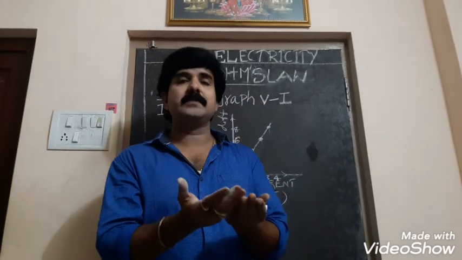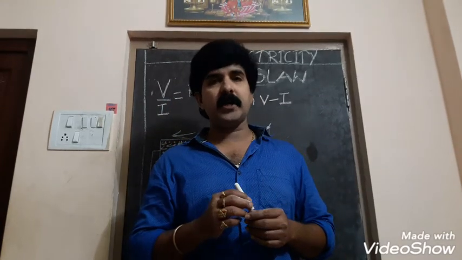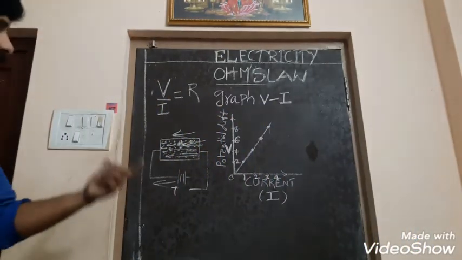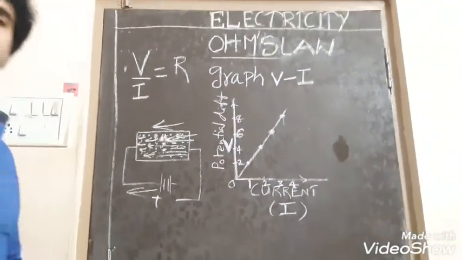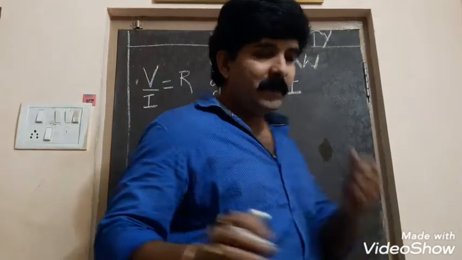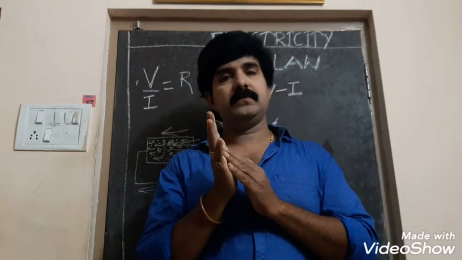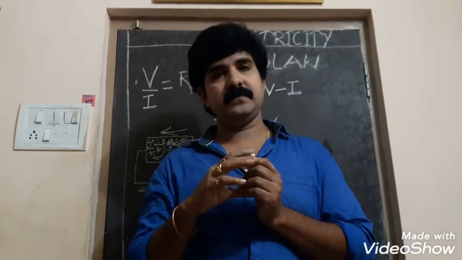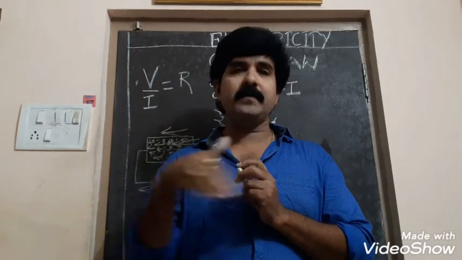The offering of resistance differs from one metal to another. So the basic nature of resistance comes from the positive ions in the conductor, and the nature of the material determines it, so some conductors offer more resistance to the flow of current.